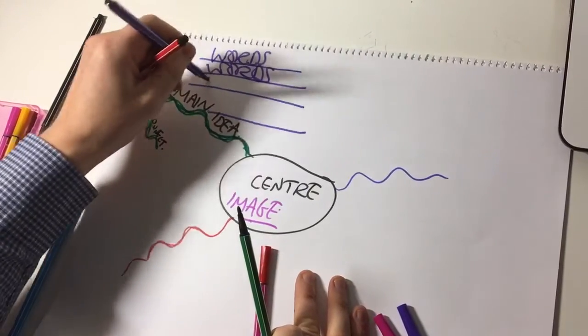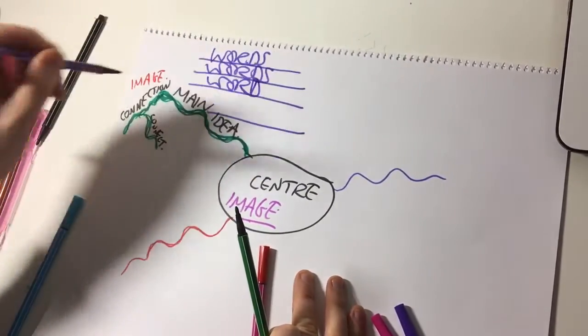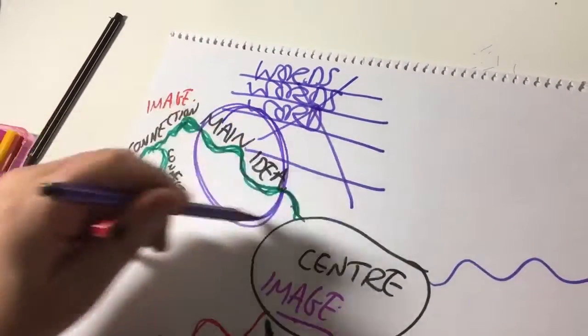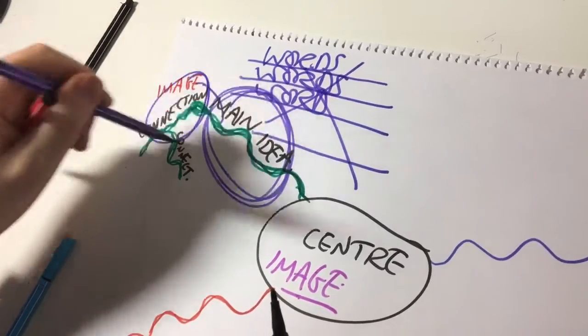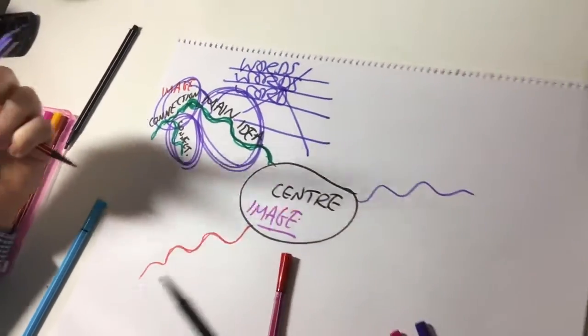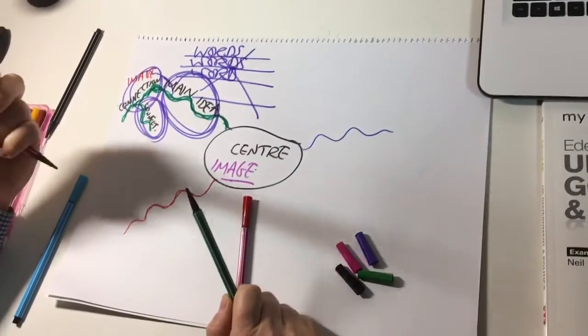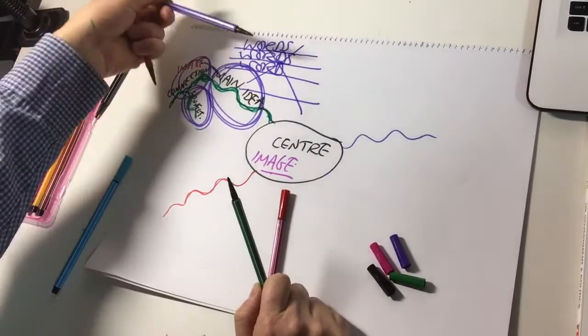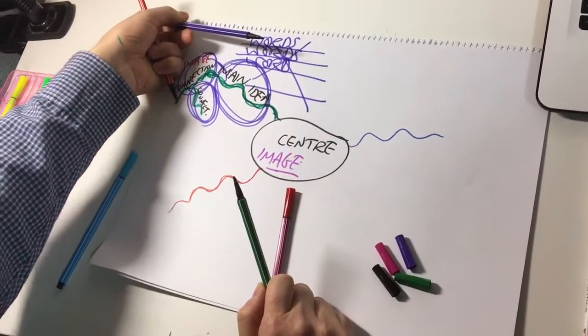I'm going to keep my words to a minimum, because all I need is my key main idea linked in with my connections here, colourful, curvy, and this is going to help my brain remember, and it's going to trigger the knowledge that I've got inside that maybe isn't going to come out if I'm getting dragged down into these boring lines.